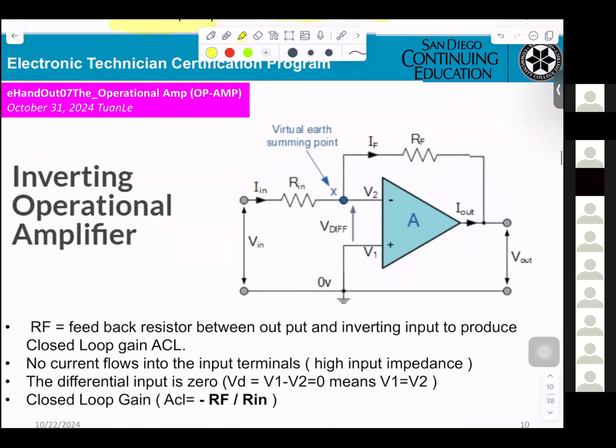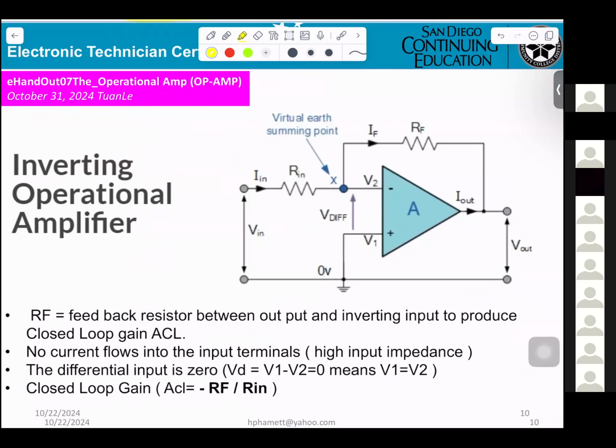So next meeting, next week, we start with the inverting operational amplifier. Okay. All right, Mr. Pham, thank you. Do you have any questions?